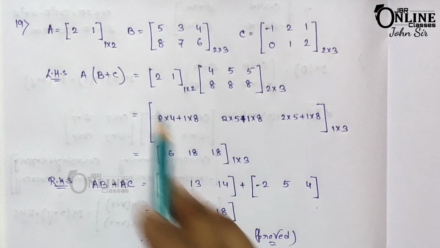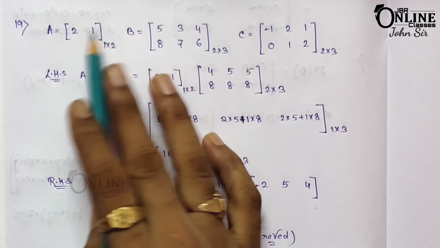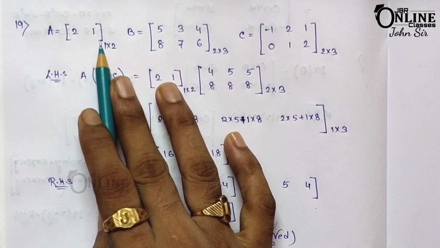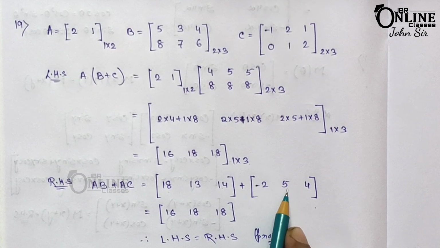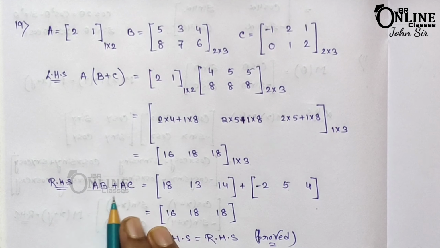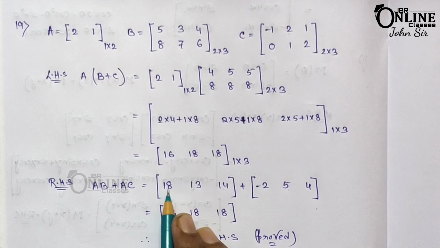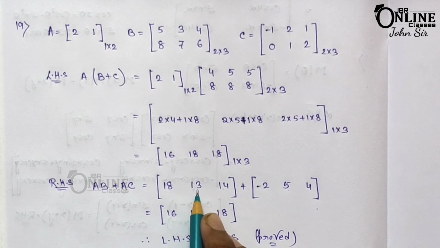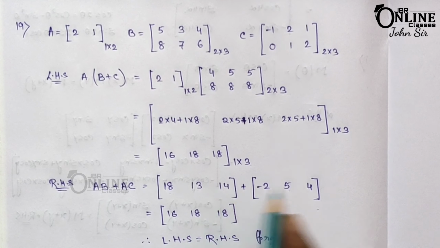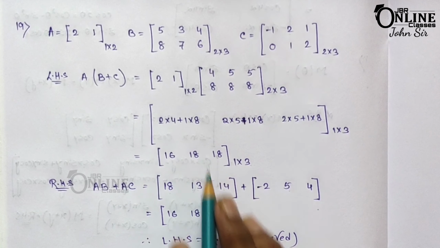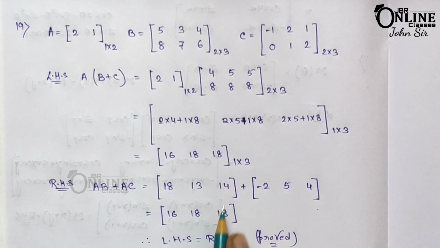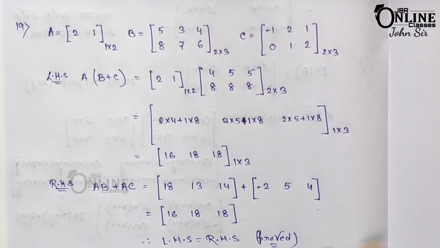So here minus 1 into 2 minus 2, then 0, so it will be minus 2. 2 into 2 4, 1 into 1 1, so 4 plus 1 5. Then here 1 into 2 2 and 2 into 1 2, so 2 plus 2 4. Now you have to add these two matrices. 18 minus 2 16, 13 plus 5 18, 14 plus 4 18. So here the left hand side equal to right hand side, so it's proved.